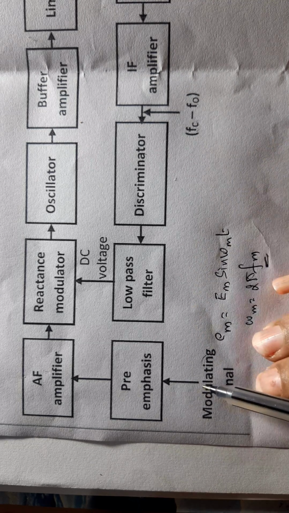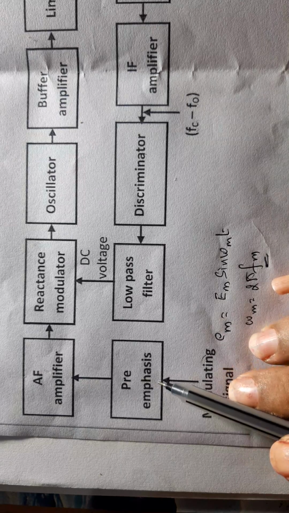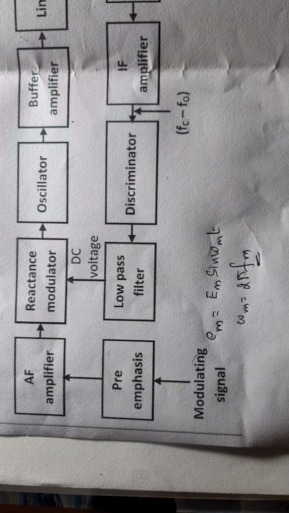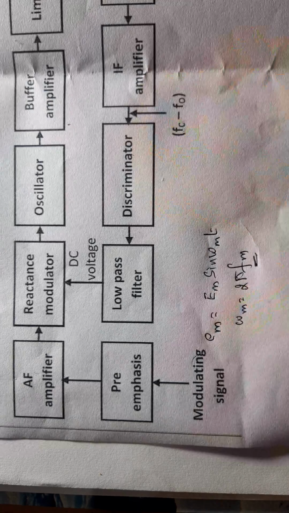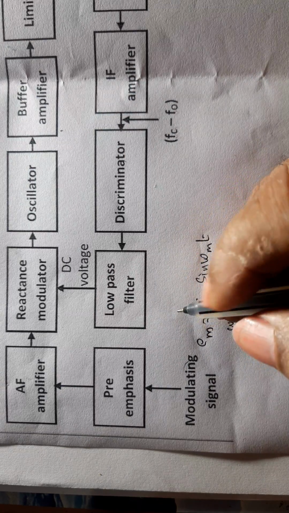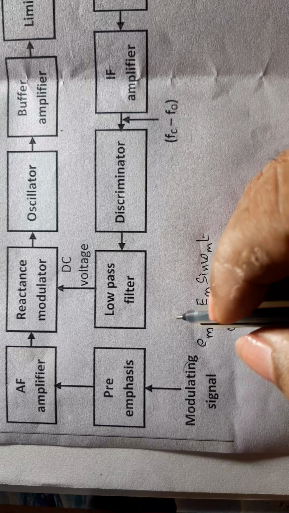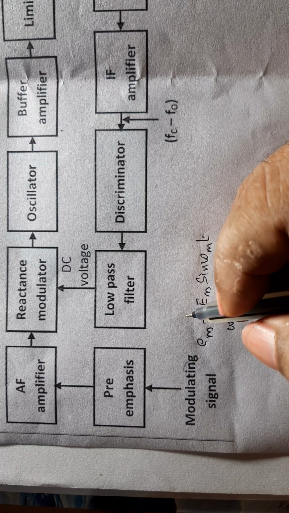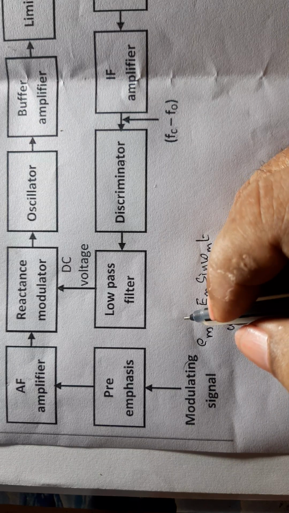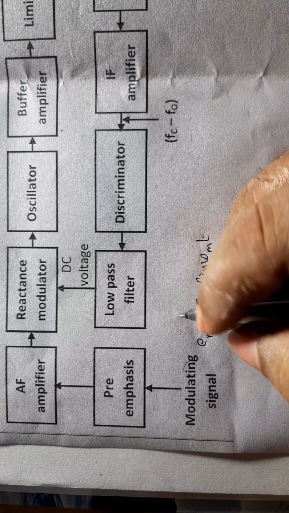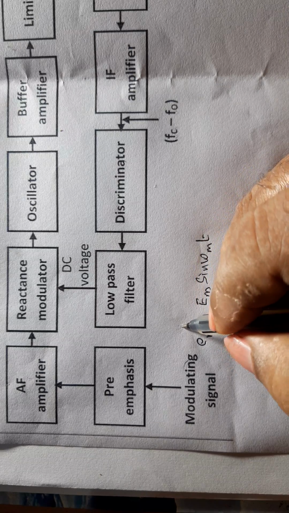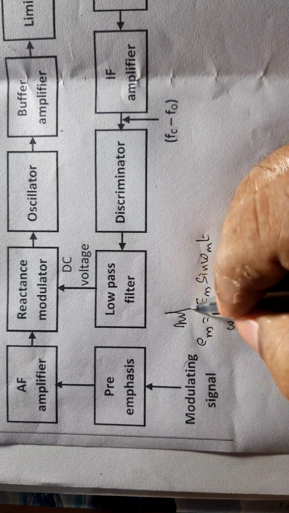Now this message signal is first applied to pre-emphasis. This is because when I speak, this produces waves of different frequencies and different amplitudes. When you see this wave through an oscilloscope, which is a device that displays the waveform, the electrical waveform when I speak may be like this.